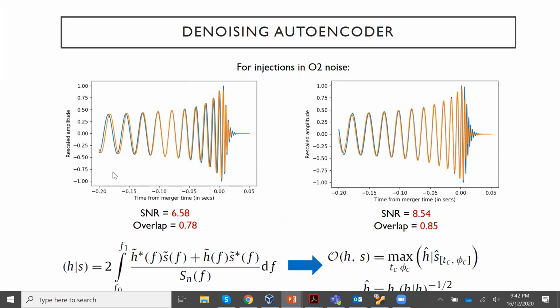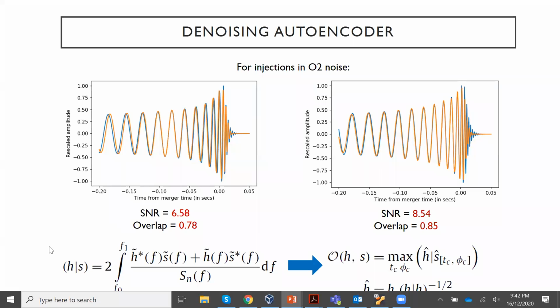These are the results that we obtain using my autoencoder for injections in O2 noise. In orange is the waveform that is reconstructed from the noise, and in blue is the pure waveform. As you can see, there is very good overlap between the pure waveform and the reconstructed output, even for low SNRs like 6 and 8.